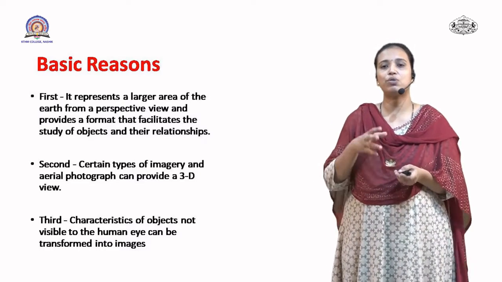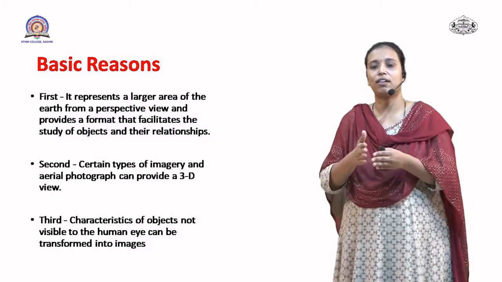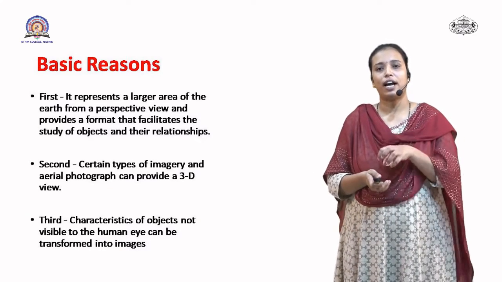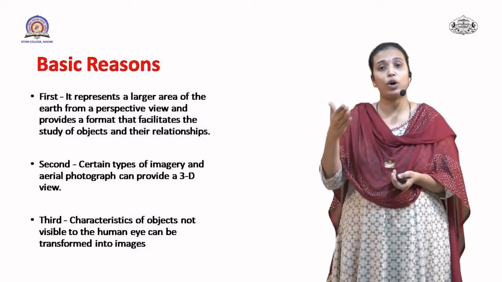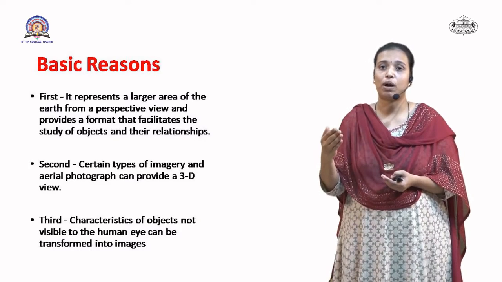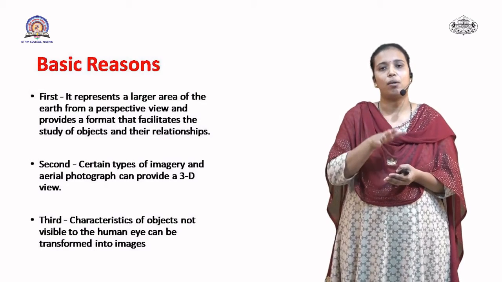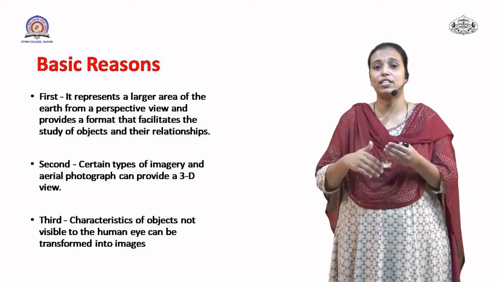The first is to capture an area from a large height, as by this sensor a large area can be captured. Secondly, you can convert that captured data into 2D form or 3D form, that is, the height of any building or mountain can easily be determined, and you can differentiate whether a mountain is of less height or a huge height and what the area is transformed into.